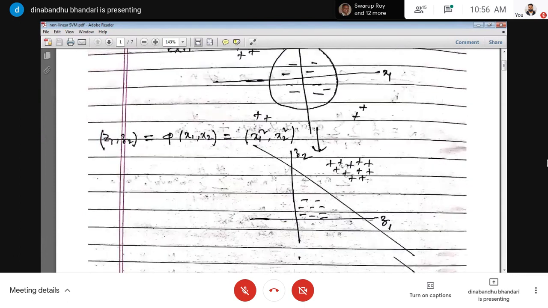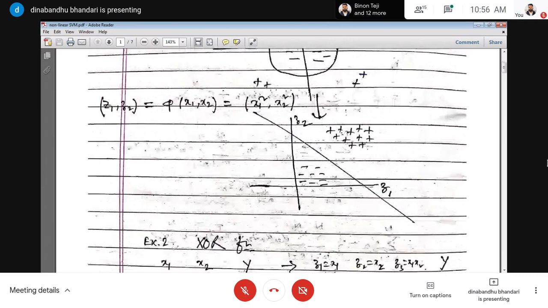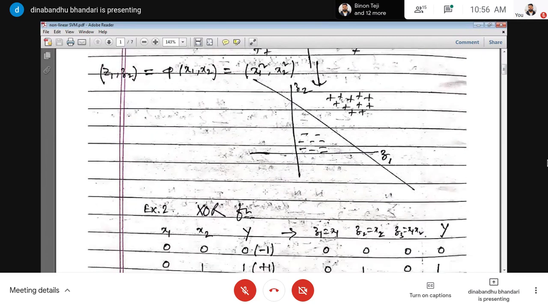Suppose x1 square is the z1 axis and x2 square is the z2 axis. You map them and put them in this space, you will get it like this, and a line is possible. So with two examples you can see that it is possible to transfer the data from one dimension to another dimension where it becomes linearly separable.